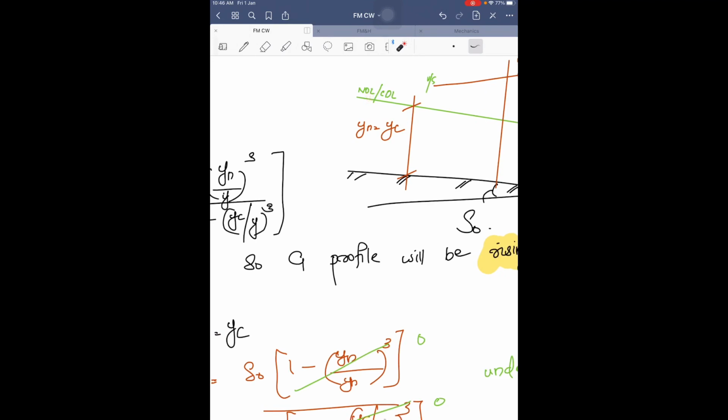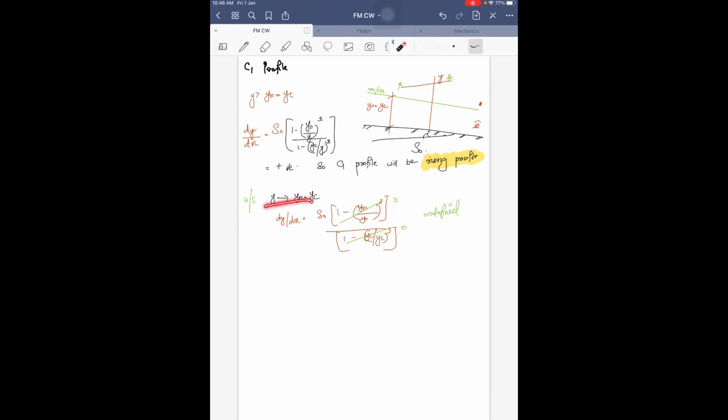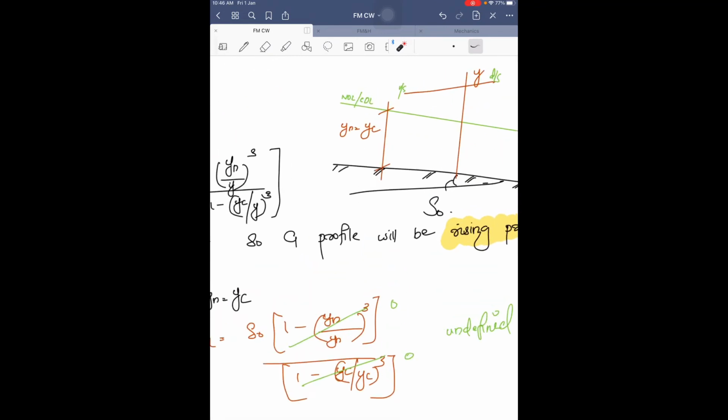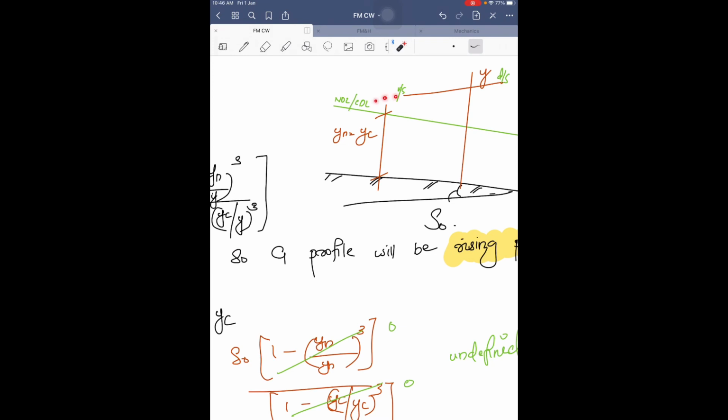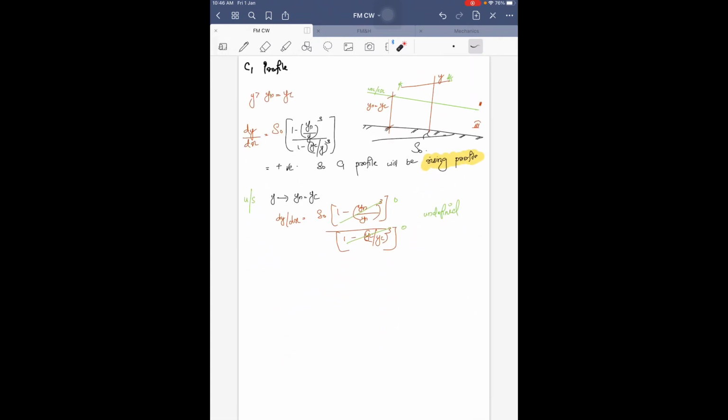So at a point just above the NDL or CDL line, not equal to yn and yc, it becomes undefined. But when the value of y is just above this NDL CDL line, we can say that the y value will be higher than yn equal to yc.